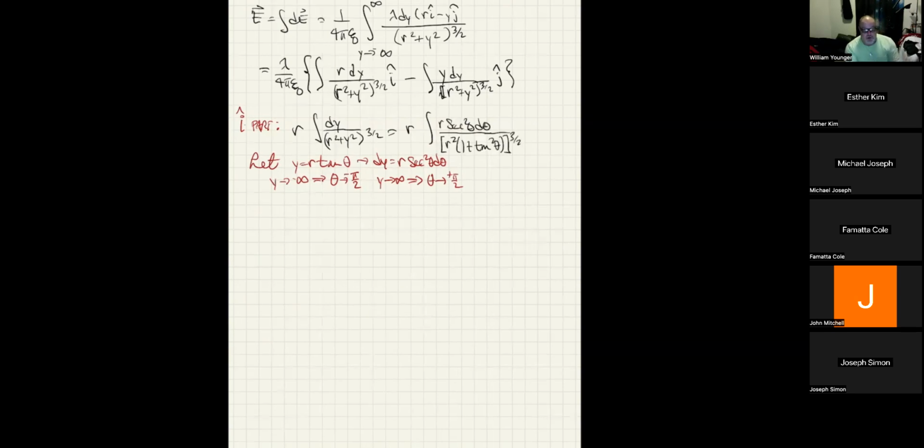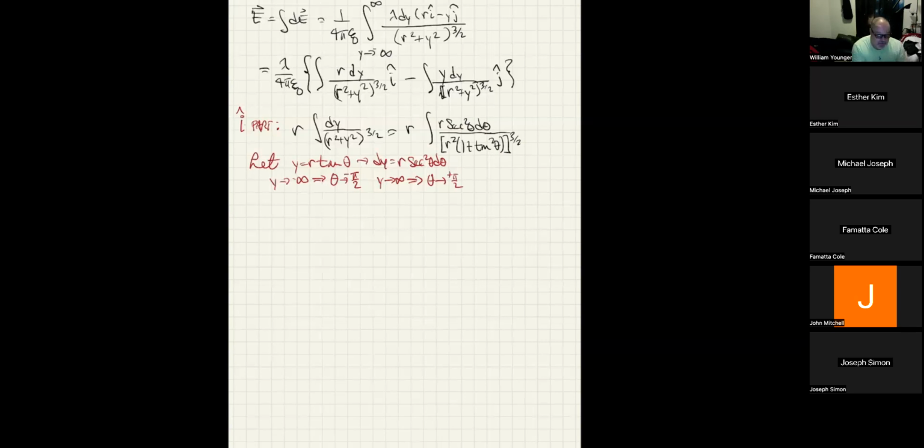So you're going to get an r squared on top, and then on the bottom you've got an r squared under the 3/2 power. That's going to make that r squared into r cubed, and then you have r squared on top and r cubed on bottom. So you just get 1 over r.